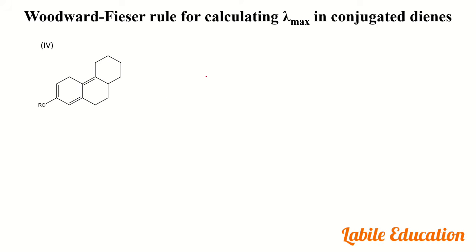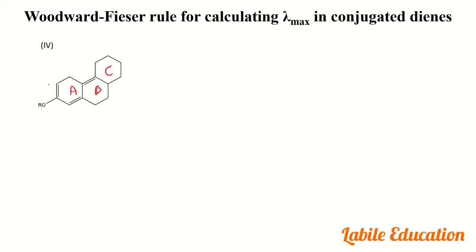Now the next example here is the fourth one. You can see here there are three double bonds. If we consider these two in ring A, this is a homoannular diene, and if we consider the middle double bond and the right one, these two are heteroannular dienes. So when in the molecule both diene systems are available, homoannular as well as heteroannular, then we will consider the conjugated system which gives the higher value.